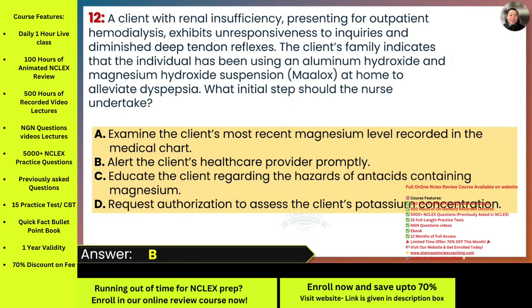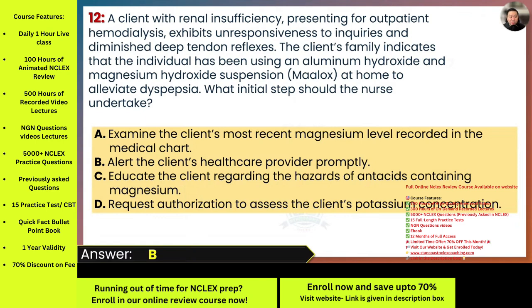And if they're taking those magnesium-containing antacids, this is causing toxic levels of the medication. And this is a life-threatening scenario, because this can also affect their respiratory function. This can lead to respiratory depression. This can cause hypotension and even cardiac arrest.